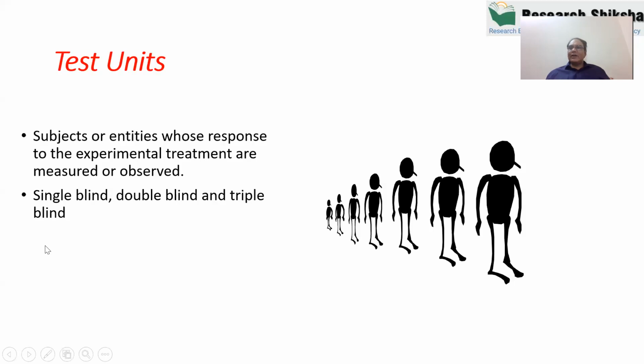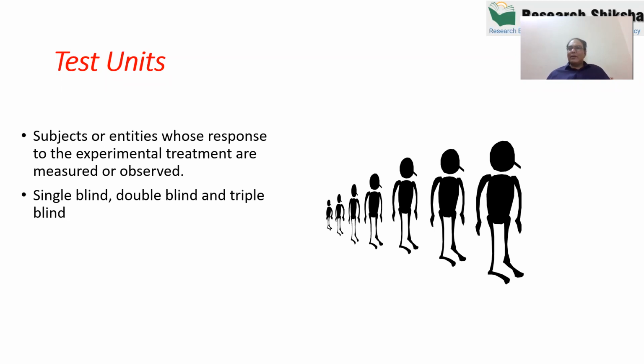Like we have a concept called single blind, double blind, triple blind, right? Blind means whatever process you are adopting initially, it should be the same for the control group as well as the experimental group, so that all the groups are exactly the same.